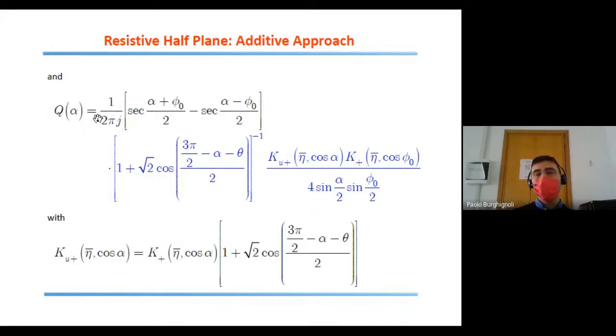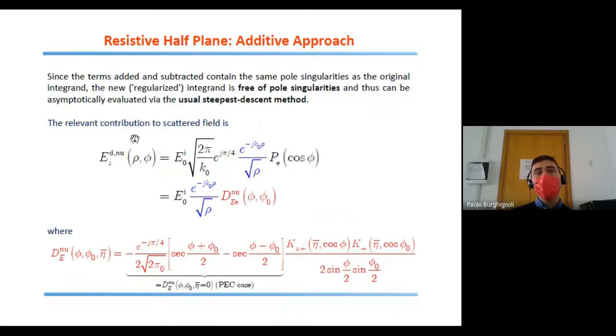If you perform the standard non-uniform asymptotic evaluation of the diffracted field coming from the first integral in the previous expression, you will find that the non-uniform diffracted field takes this expression in which you have a non-uniform diffraction coefficient in red, which is a version of the classical one.